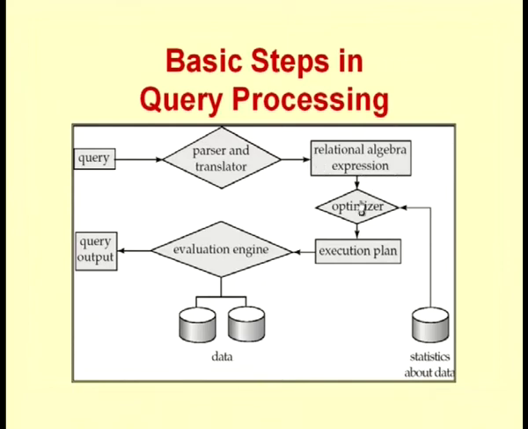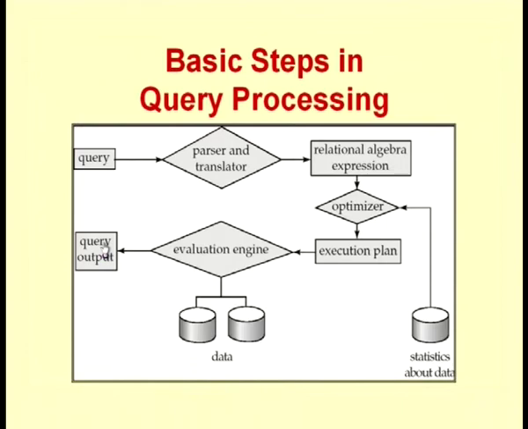This optimization is done by using some statistics about the data, and after the optimization is done, an execution plan is decided. This is how we are going to actually answer the query. These are the databases you have to access and so on, and then comes the evaluation engine. The data is given to the evaluation engine, and the evaluation engine actually takes the data and gives the output of the query. So, these are the steps in a typical query processing system.